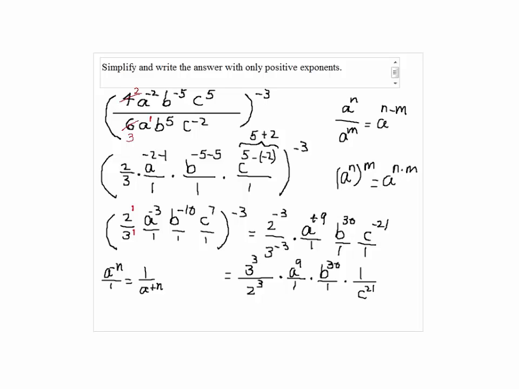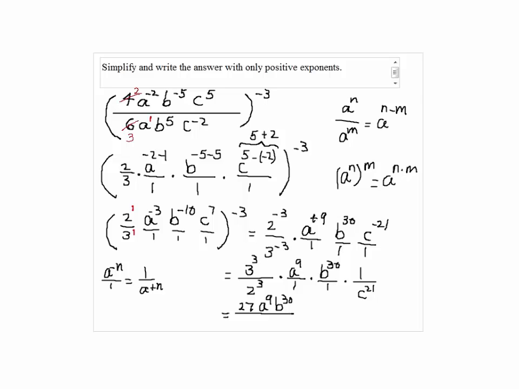But then I don't have to change a because that's already a positive exponent, and b also stays the same. However, c would be 1 over c to the power of 21. So all these have positive exponents.